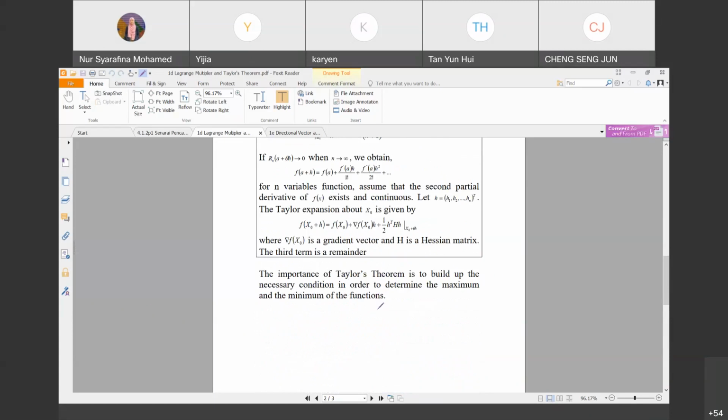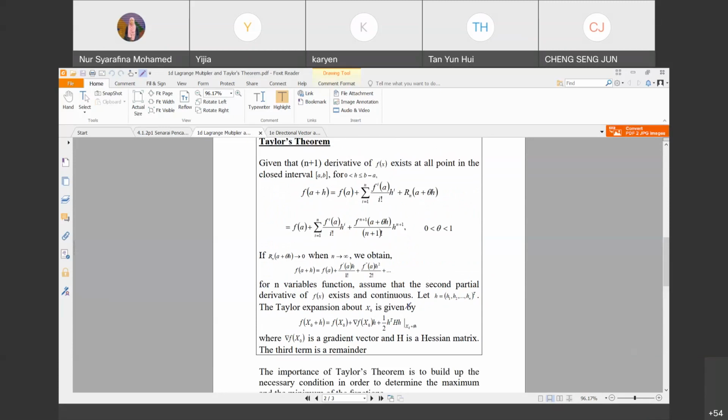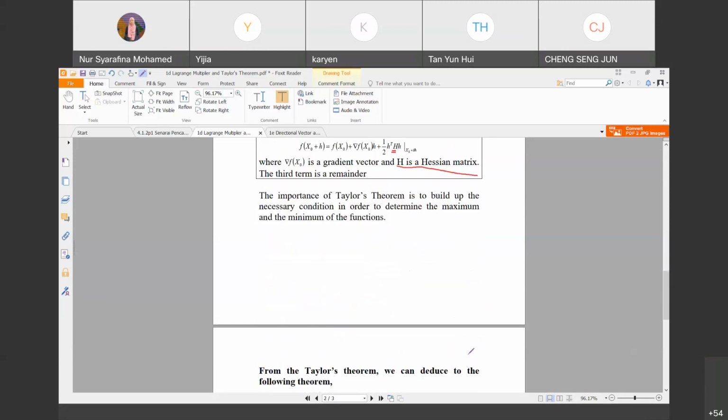So we still stick with our necessary condition to determine the maximum and the minimum as previously, but this Taylor's theorem is just built up for multivariable function. Same process. In Taylor's theorem itself, there is an H, and that H is a Hessian matrix. So we still use the Hessian matrix here.